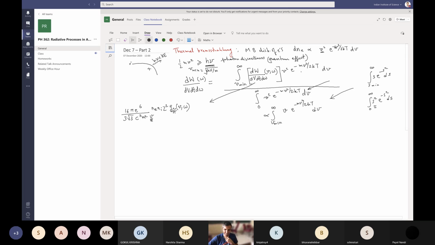So what do we get? The key thing to notice here is this. Here you have v, and at the bottom you have v squared. Let me write down the expression here, and then we'll talk about it. This integral is proportional to e to the minus s min squared.